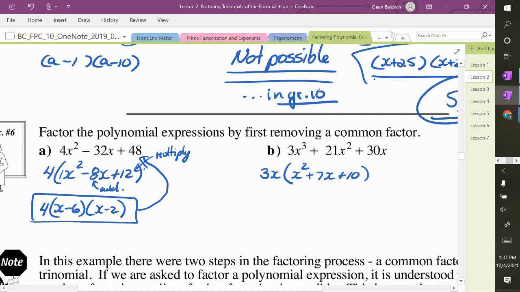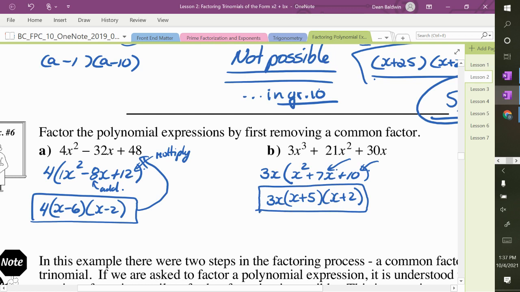Am I done? No. Because now we go, what multiplies to 10 and adds to 7? 5 and 2. What do I have to remember? The 3x.